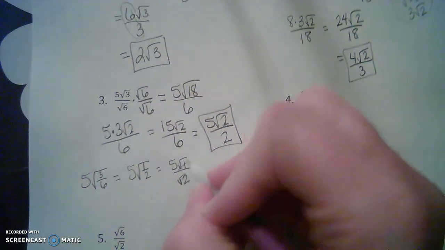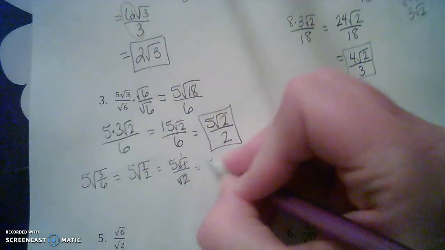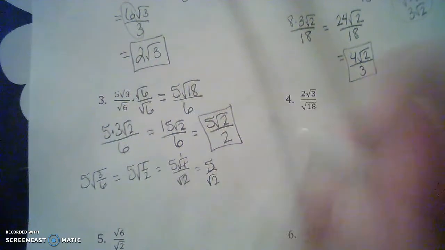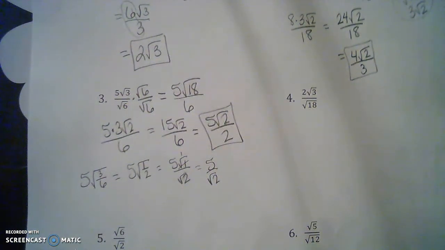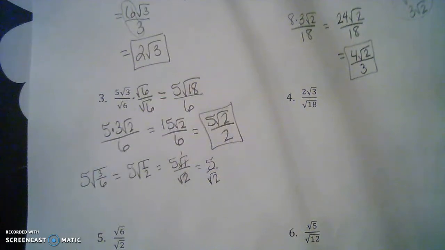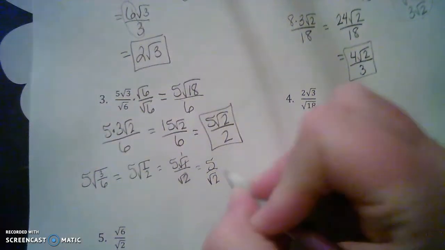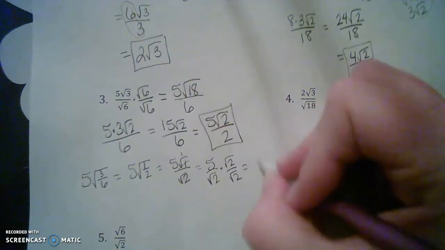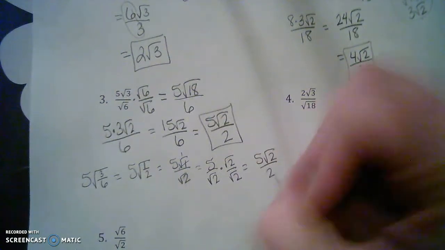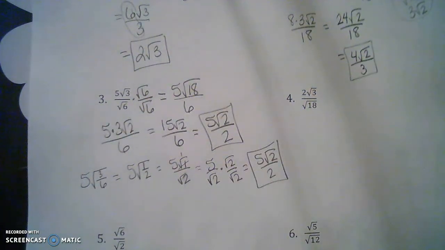The square root of 1 is just 1, so I'm really down to 5 over the square root of 2. Now that's all just simplifying, and then I still need to do the simplifying the quotient part. So I still need to multiply by the square root of 2 and square root of 2. 5 square root of 2 all over 2 is my final answer.